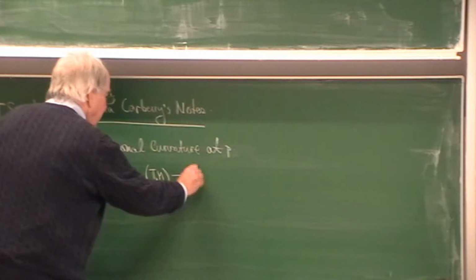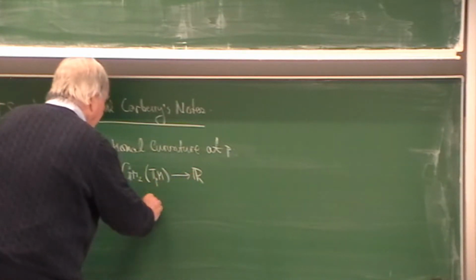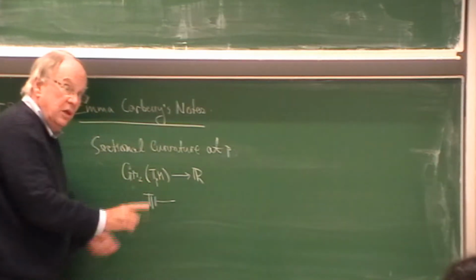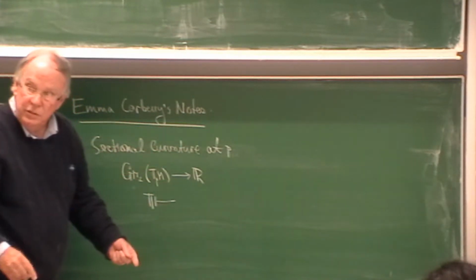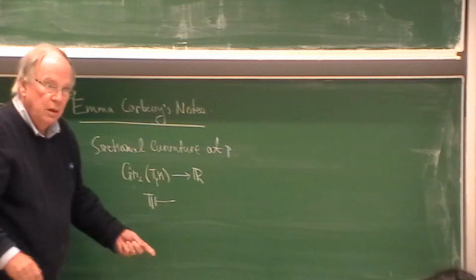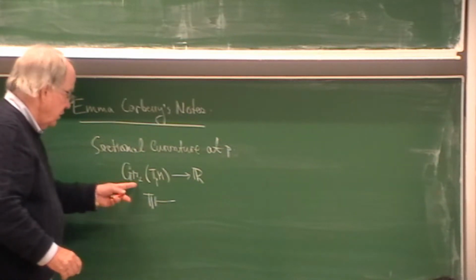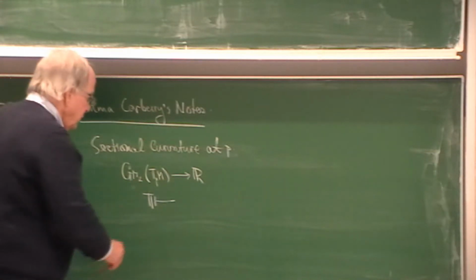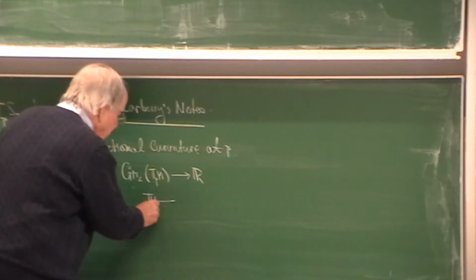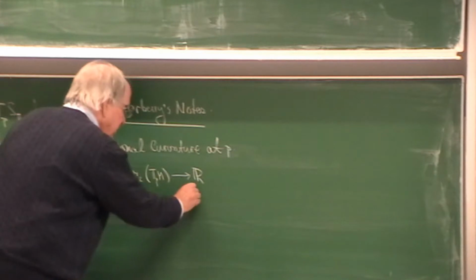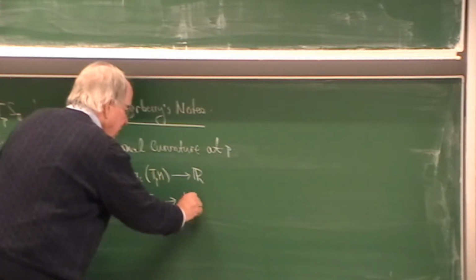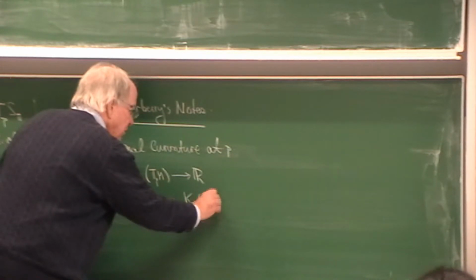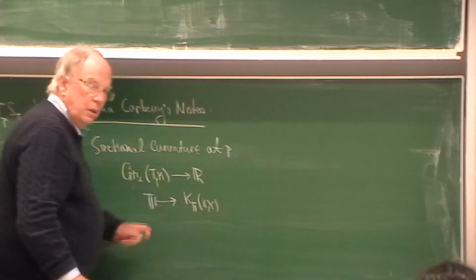So each plane gets a real number, and Grassmannian of two planes means the set of all two planes in the tangent space. I call that the Grassmannian. Okay? So this is a compact manifold, by the way, that's very nice. It sends a plane to the Gaussian curvature of that plane, and it doesn't matter which x and y you put in here.